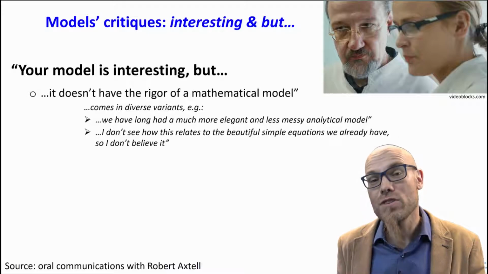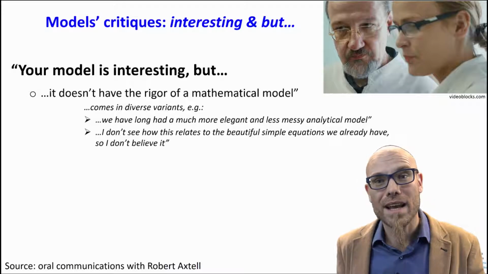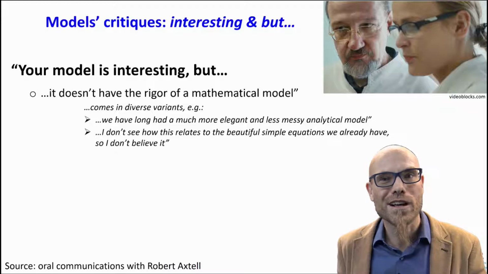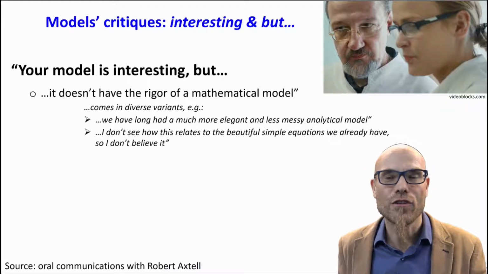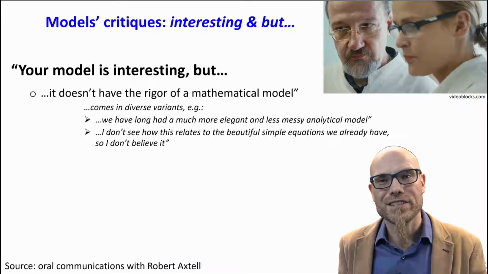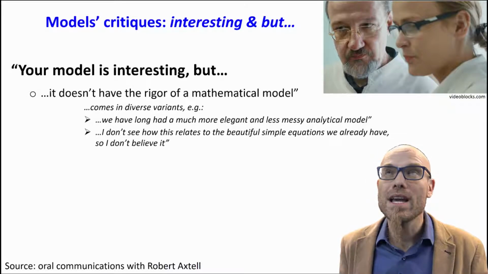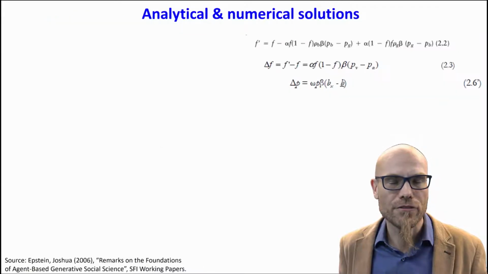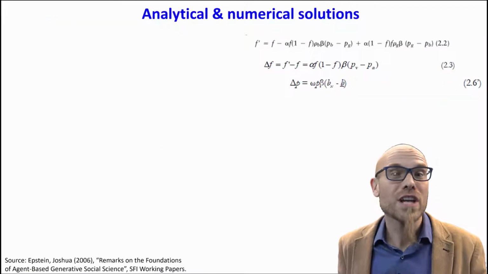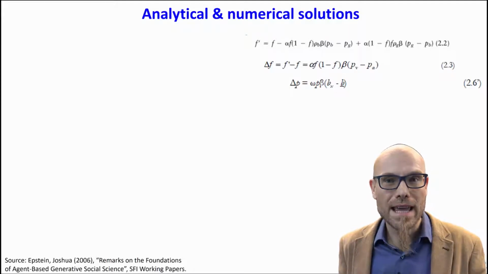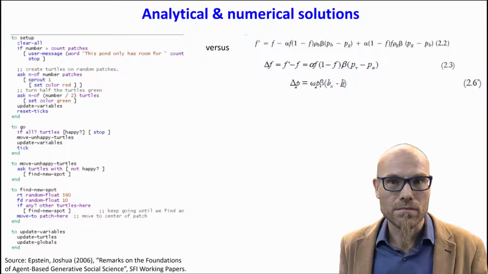Now, these are critiques that might also have some validity, but I want to talk about what would be some possible responses in defense of computational methodologies. Well, first of all, here we have our beautiful equations, a differential equation of the Schelling segregation model, for example, and here we have the same just in code.